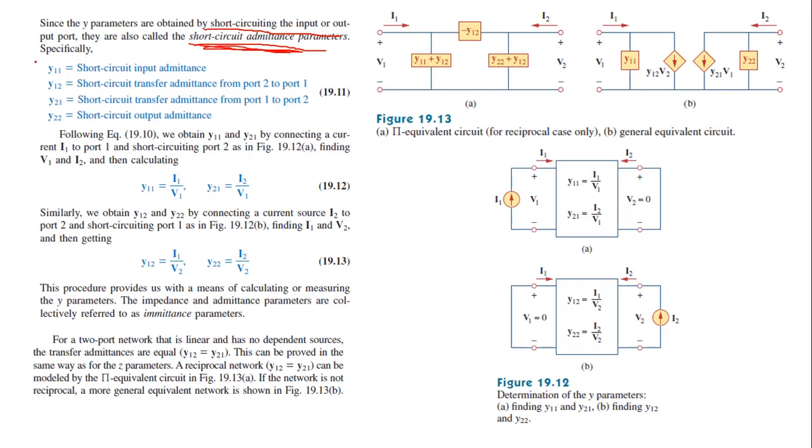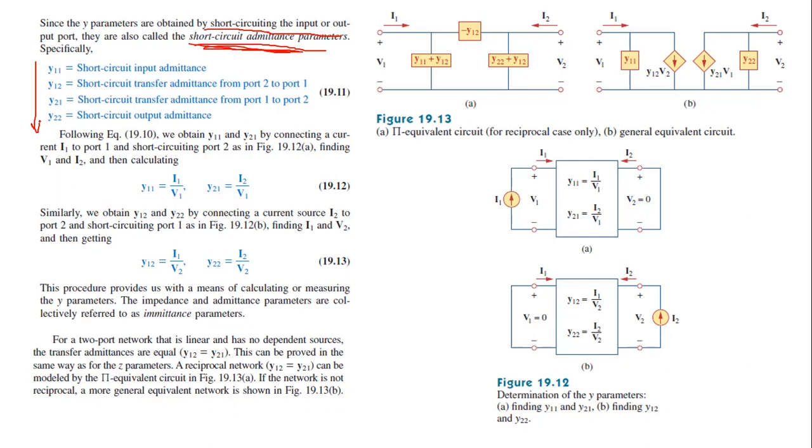Now let us define the admittance parameters Y11, Y12, Y21 and Y22. Y is a term related to admittance, and Y11 is related to the input port.